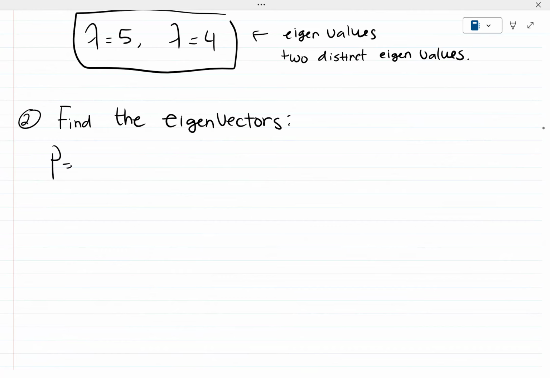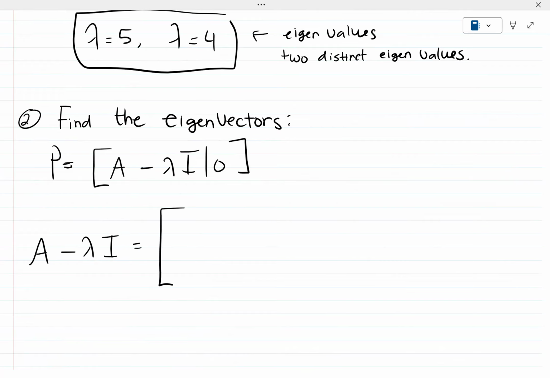So if P equals A minus lambda identity augmented with 0, that's the same thing as A minus lambda I, which equals 6 minus lambda, 2, and then 3 minus lambda, and then this is still -1, augmented with 0.